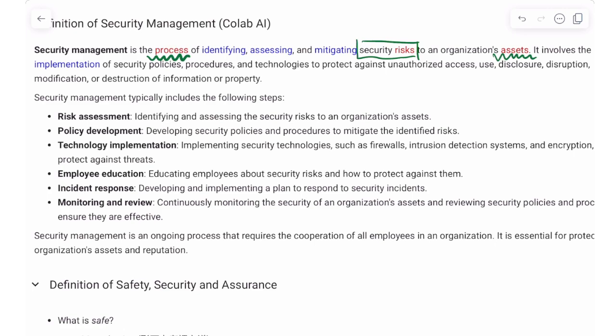Okay, if everyone follows the rules, the policy, the standard they establish, the company will become safer, right? And it also includes implementing software and hardware security technology such as firewalls, intrusion detection systems, and encryption and decryption algorithms to protect data against threats.